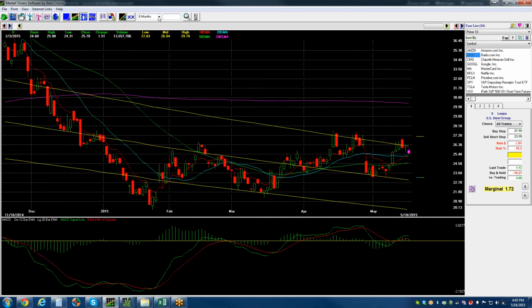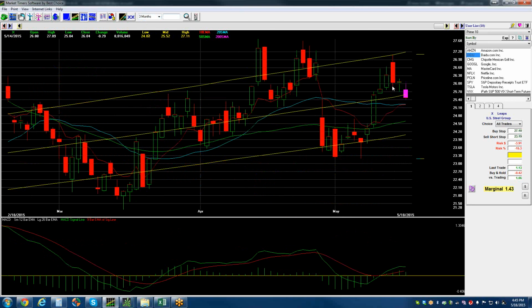So there's another indication for you that there's a possibility that this thing will go down as well. The other reason I believe that it could, that's number one, is a touch top of linear regression. Number two, there's a dark cloud bearish piercing pattern. Number three, it filled the gap right here, right?